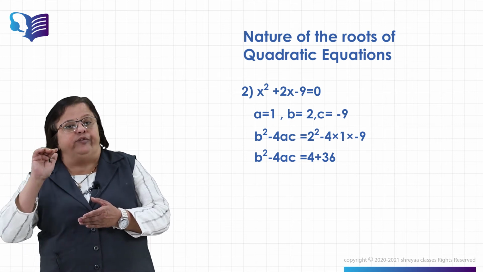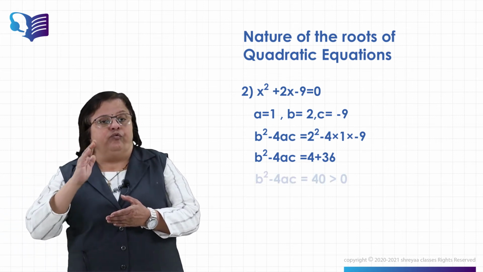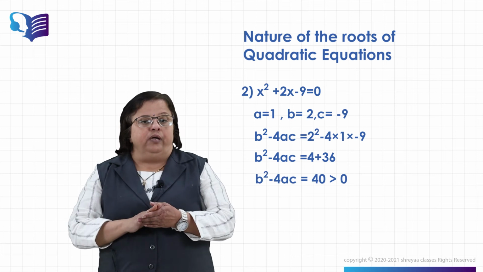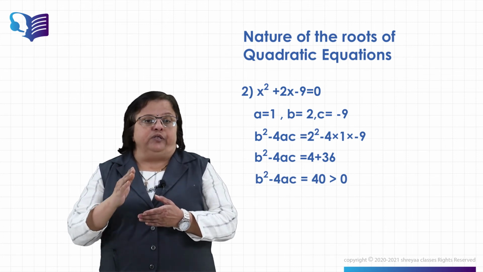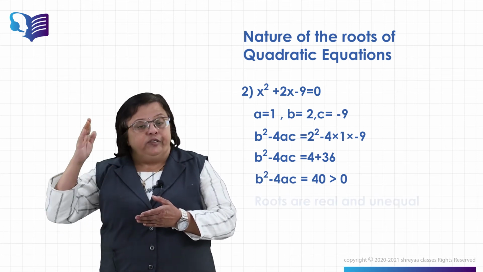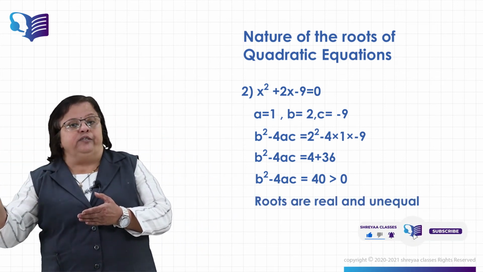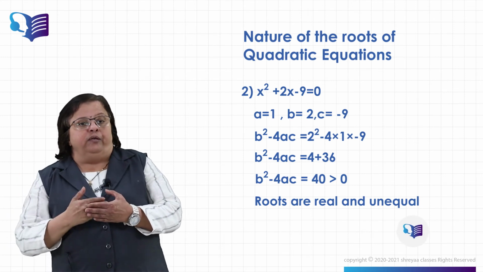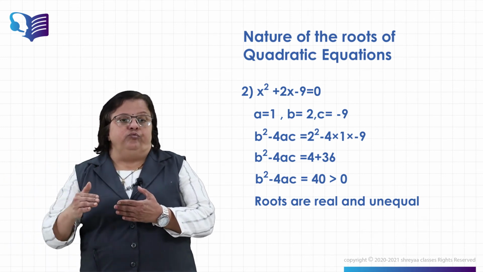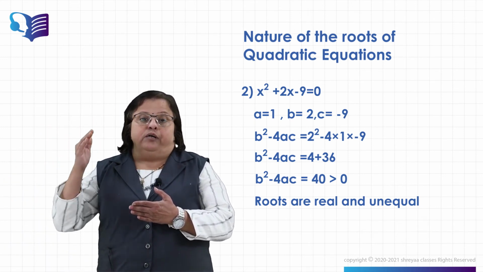Negative and negative, so it will become positive. So 4 plus 36, that is 40. So b square minus 4ac is equal to 40, which is greater than 0. It is a positive value. Therefore, roots are real but unequal.